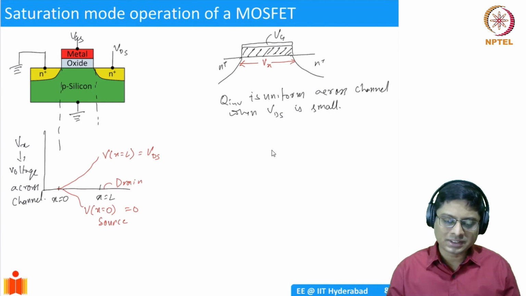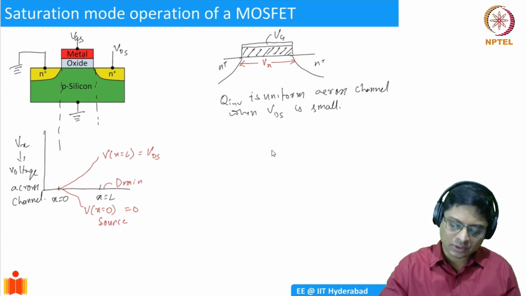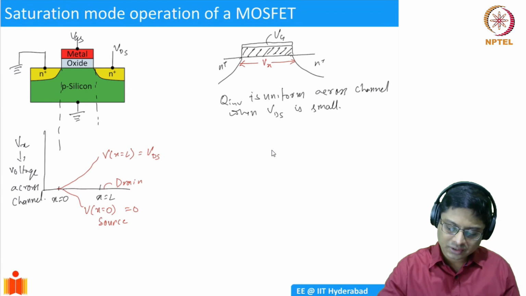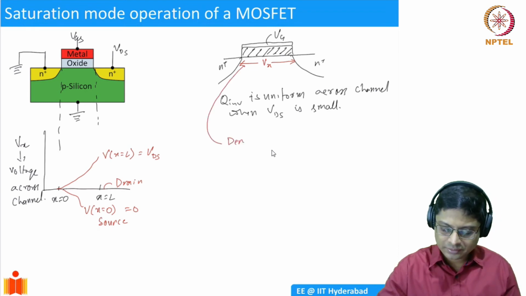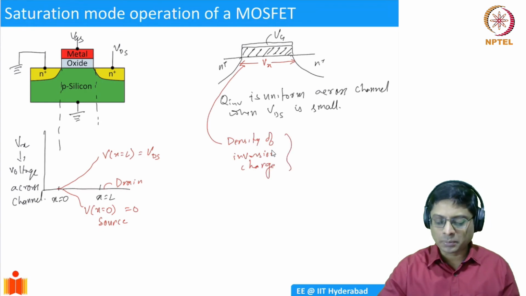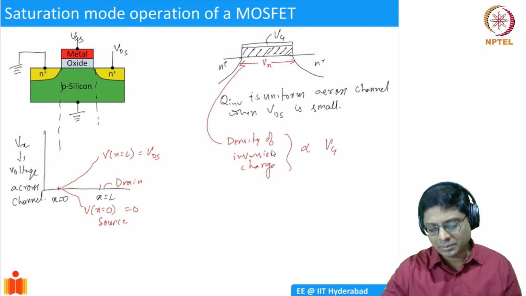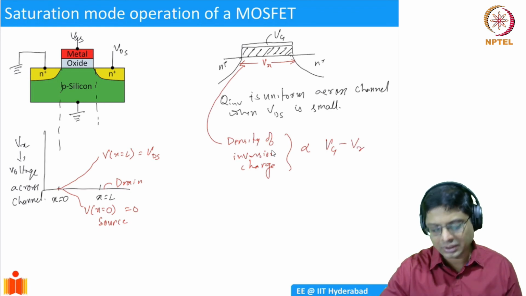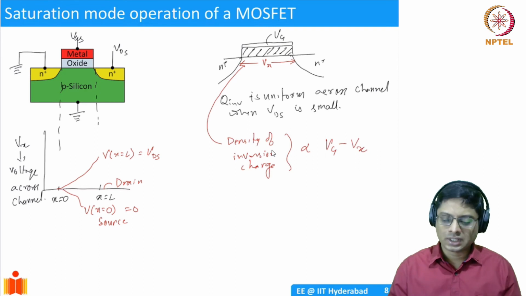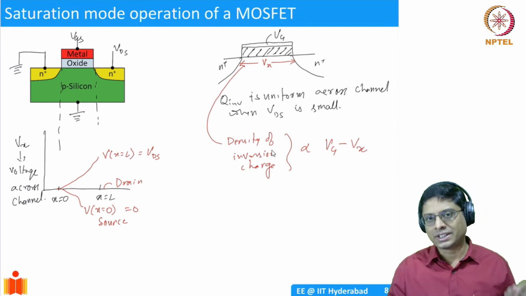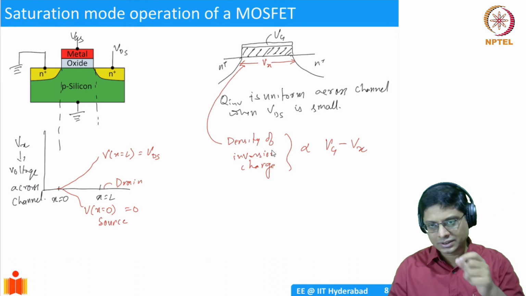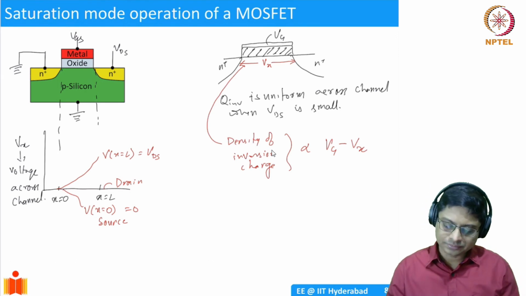For example, at the left end, what is the density of the inversion charge? What is it dependent on? Well, it's proportional to how much gate voltage I have, right? But it's not just that, it's going to be a function of X as well, because of Vx, the voltage just below the gate oxide.